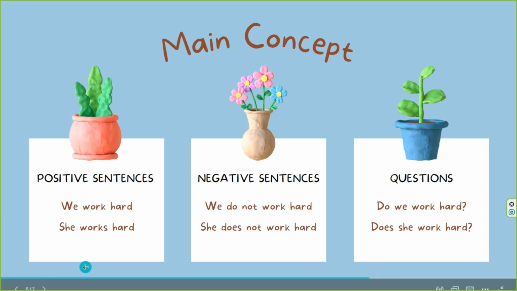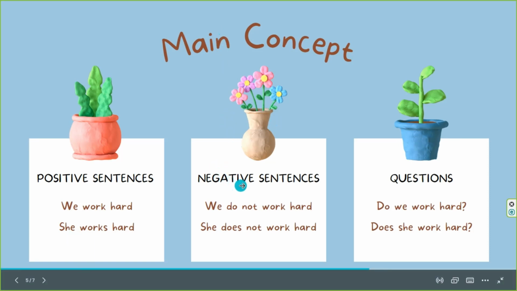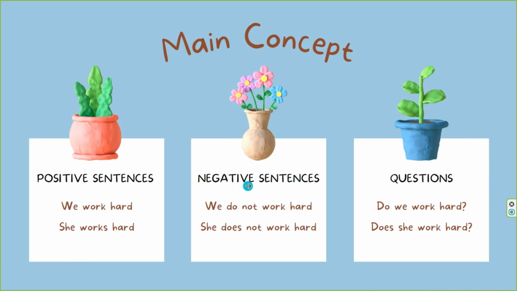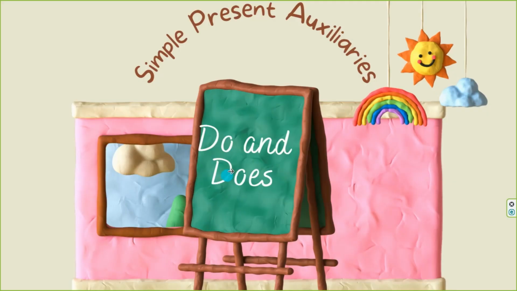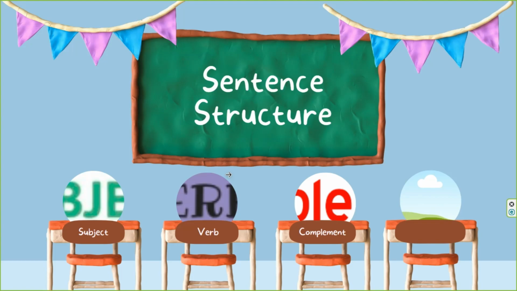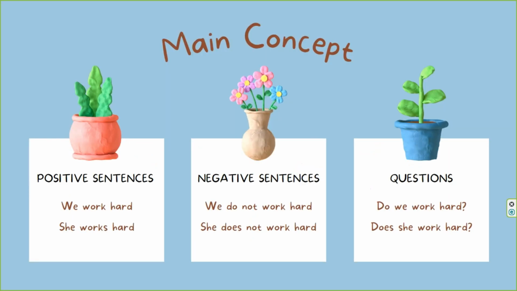Okay? Now, here where it says negative sentences, we are going to start elaborating sentences using the auxiliaries that I emphasized. Remember, when I say auxiliaries, you have to think of do and does. Now, these two only work for simple present. Each and every verb tense has its own auxiliaries. And if you have the verb to be present, you do not need assistance from any auxiliary.